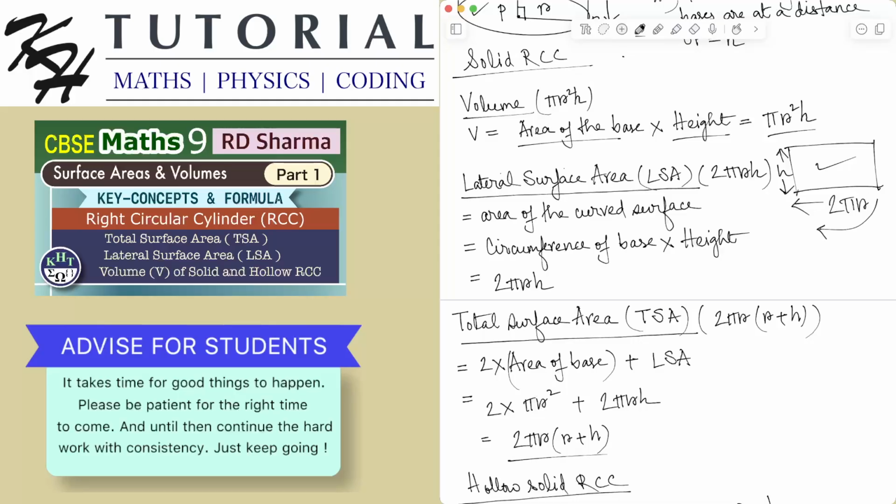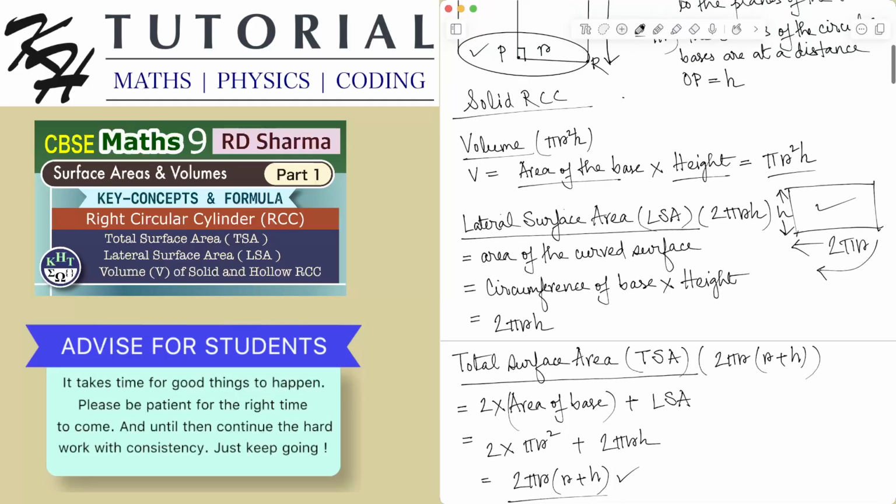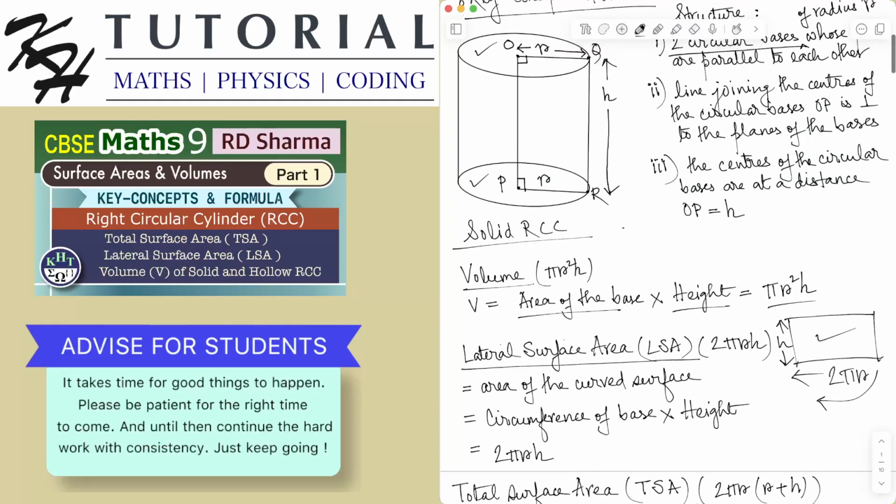Now, it is absolutely not necessary to remember this formula. This is a very simple formula. If you can remember, good, but if you cannot, there is absolutely no reason to panic. You must understand the concept that the total surface area is the area of the curved surface, which is 2 pi r h, and the area of the two bases, where the area of each base is pi r square.